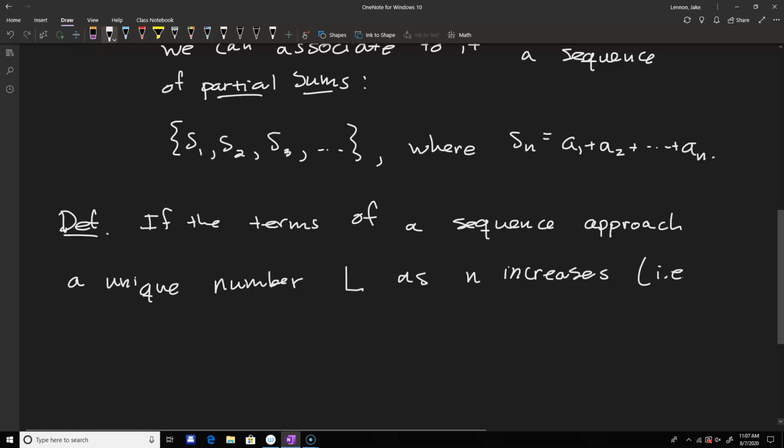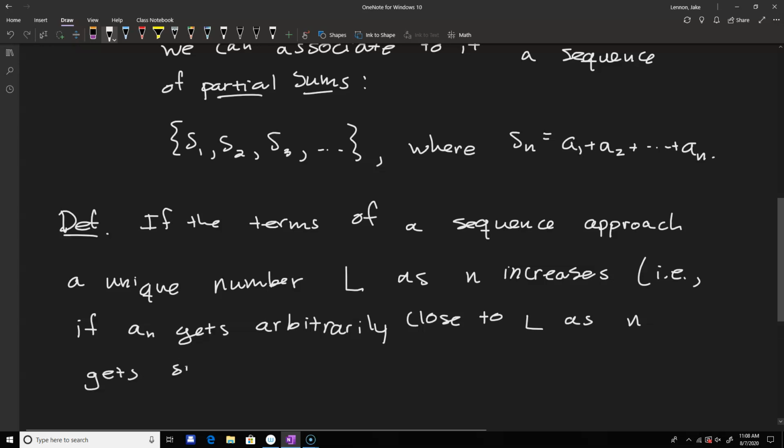so basically we'll say that is, if a sub n gets arbitrarily close to L as n gets sufficiently large. Again, if we were writing some more proofs in this class, we could talk about this in a more precise way using epsilon delta notation, but we're just going to wave our hands and talk about getting sufficiently close.